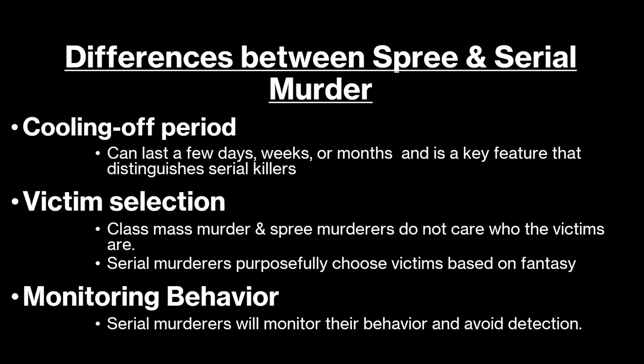Serial murderers also monitor their victim's behavior. They would have probably stalked this victim for a prolonged period of time, and they monitor the ongoing investigation. Typically, not always, typically with a mass murderer or a spree murderer, they will die during the commission of the crime.